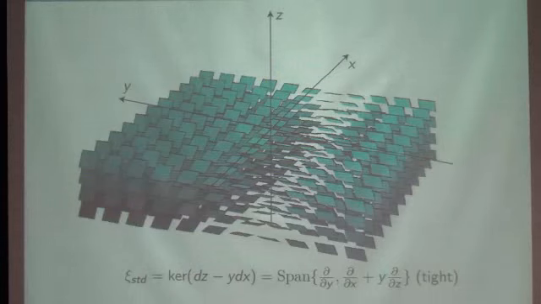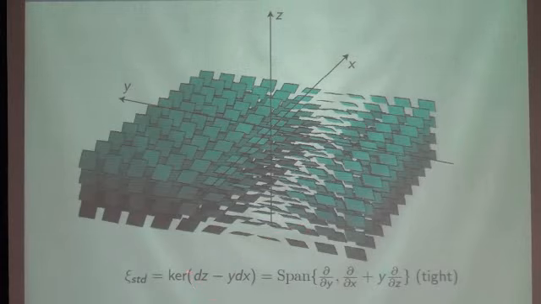Like I said, this is the one we're going to be working with. This is our standard contact structure. The important thing is that we're working with the kernel of dz minus y dx. Each of these planes is going to be the span of d/dy and d/dx plus y d/dz.